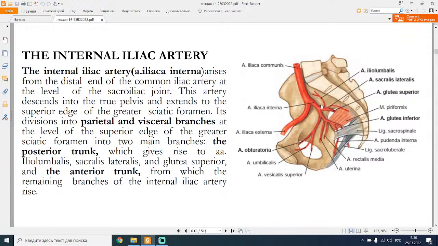This is the posterior trunk and the anterior trunk, with the branches of the anterior trunk.